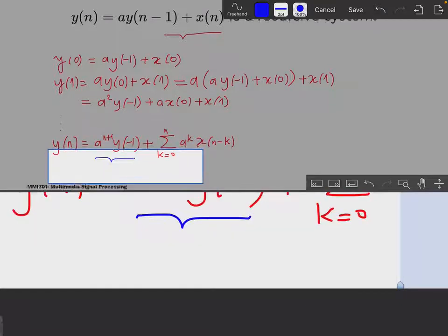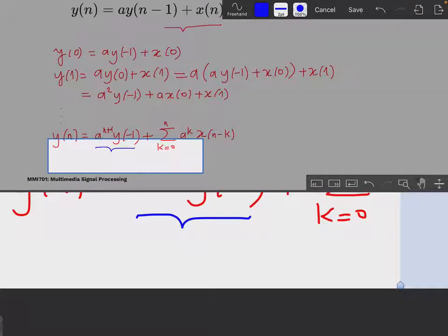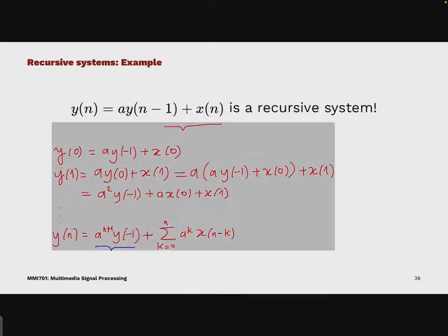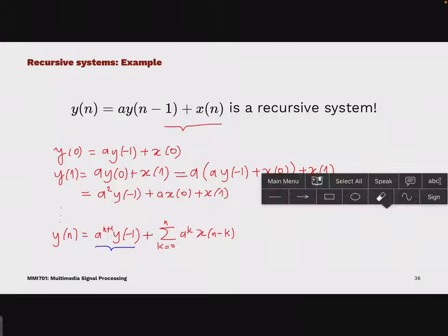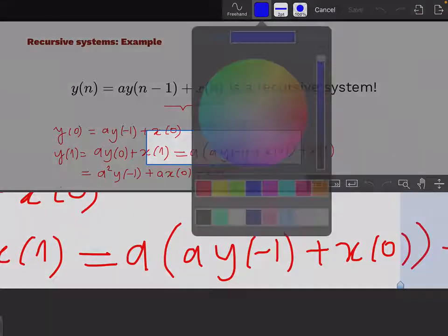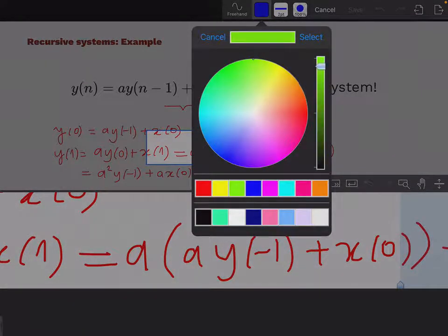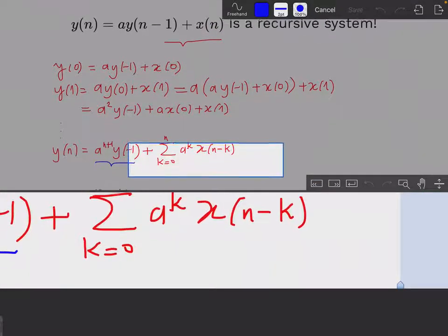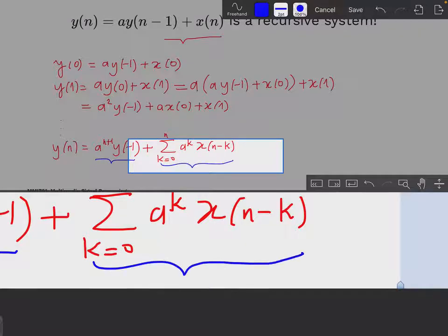And the second part is the part which depends on the values of the input, this part.